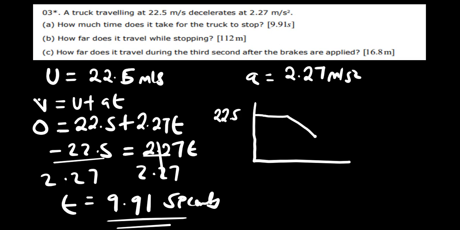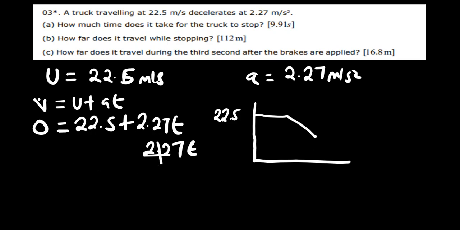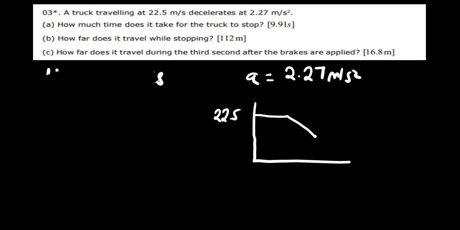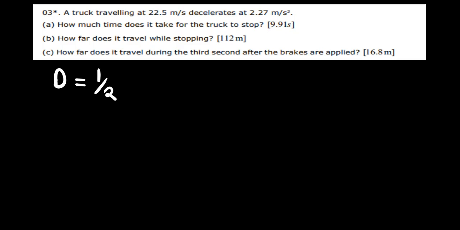Then question B is how far does it travel while stopping? When we're talking about how far, we're talking about the distance, right? So what about the distance? Okay, so we're going to say the distance will just be equal to half ut.